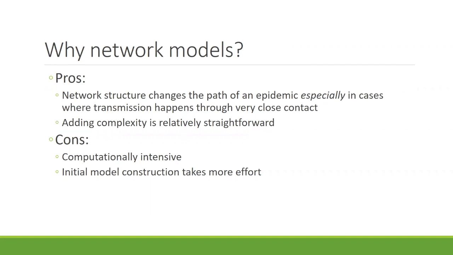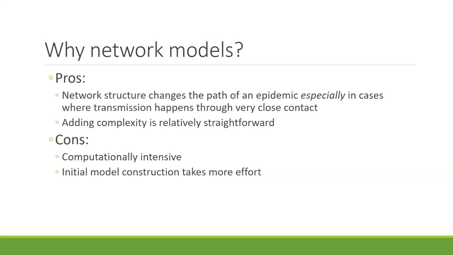So I don't want to just throw it out the window, but there are reasons why I do this. Essentially, there's pretty good evidence, largely simulation-based, but evidence nonetheless, that the network structure changes the trajectory of an epidemic, especially where transmission happens through very close contact. If we're talking about something like the flu, where any of us could infect anybody in this room today, it doesn't matter so much the structure of people's connections, because there are so many of them and they're so dense, and we're approximating that anybody can contact anybody anyway.